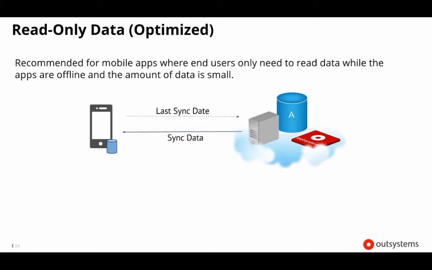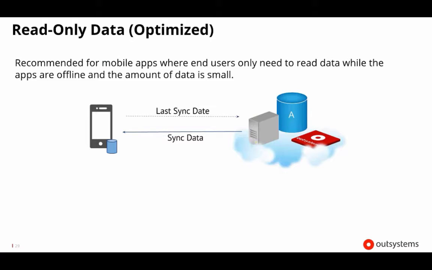So the next one will be read-only data optimized. Read-only data optimized is recommended for mobile apps where end users only need to read data while the apps are offline and the amount of data is small. So you can see that the information sent from the mobile device to the server is just the last sync date. So it's just a small timestamp.